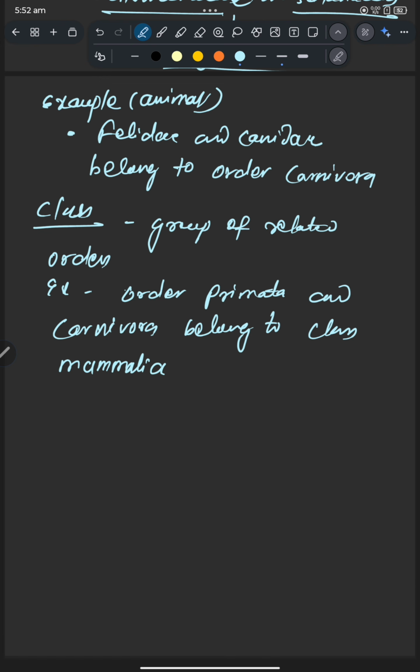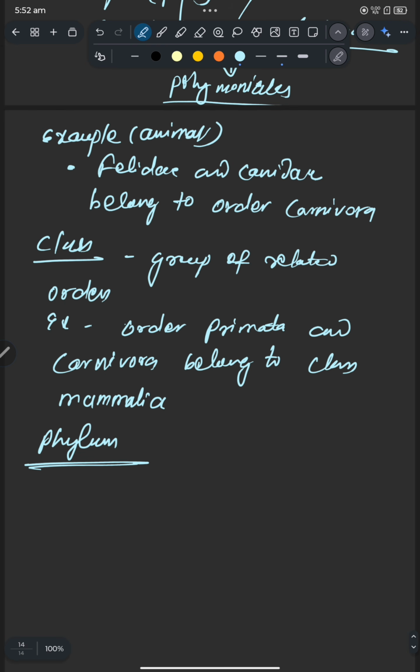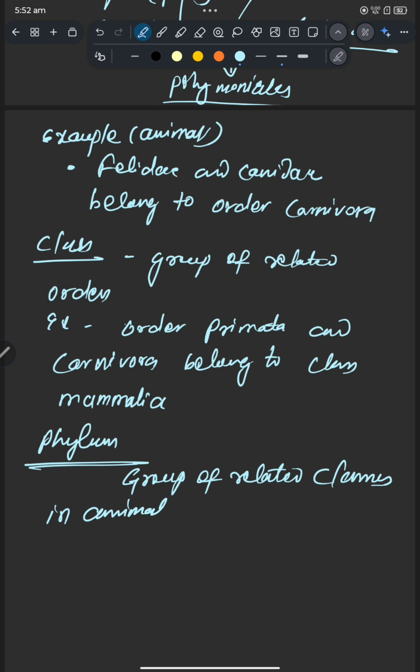Similarly, the next level is phylum. Phylum is a group of related classes. This is in animals; the term phylum is used in animals.